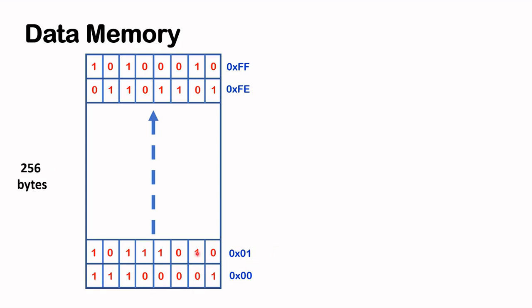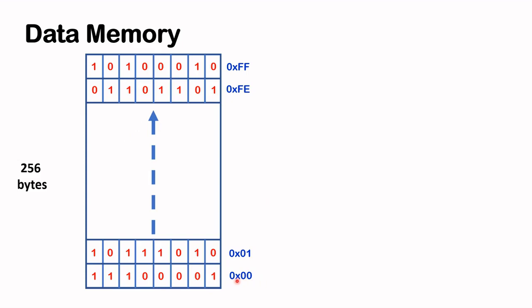Now each memory location has an address, and usually in a microcontroller or microprocessor system, memory locations are given a hex value. For the data memory, there are only 256 bytes in total, so the address is only an 8-bit address.